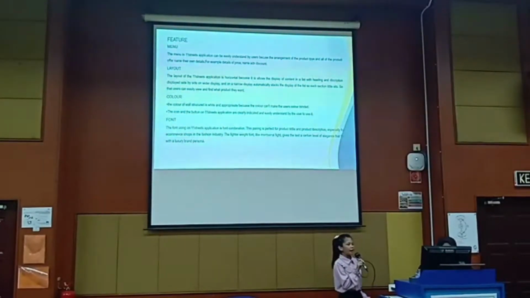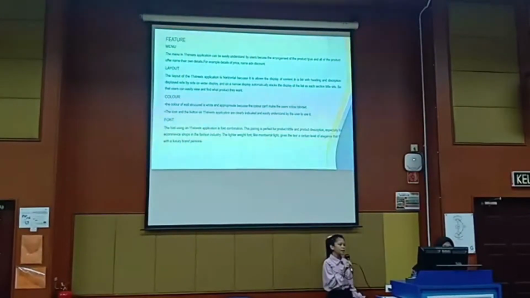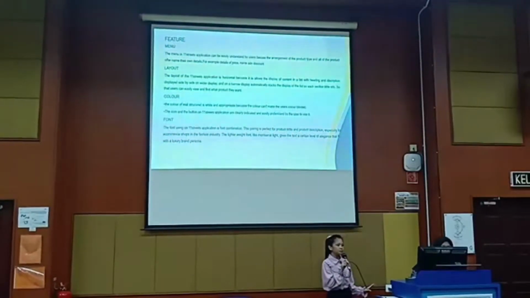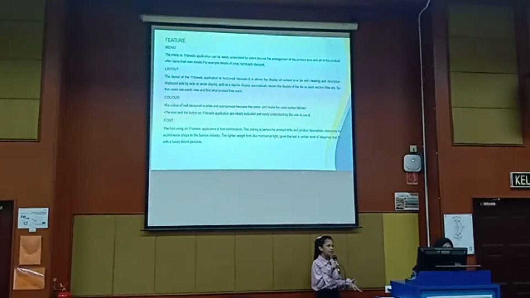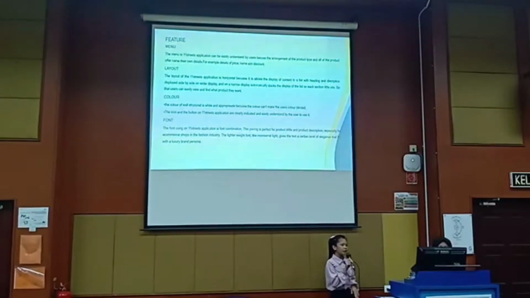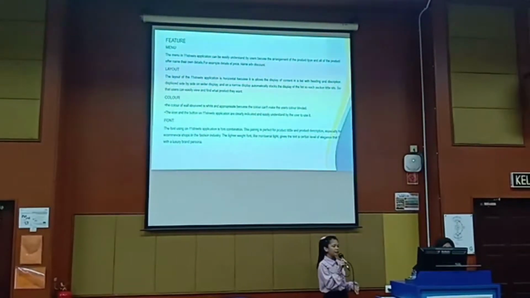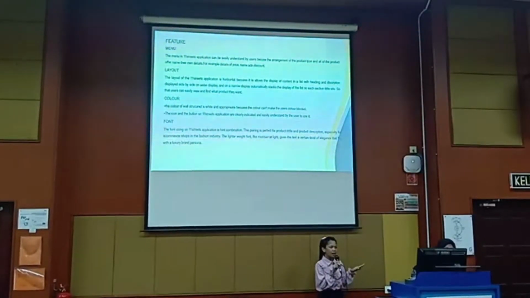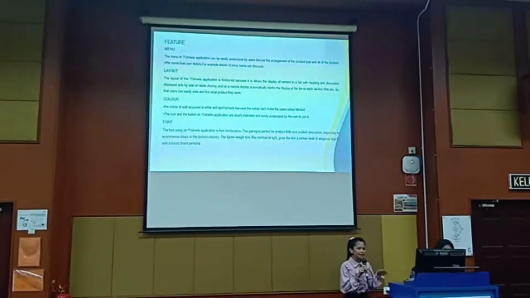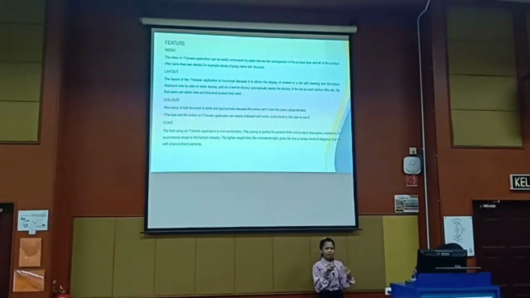Layout. The layout of the 11 Street application is horizontal because it allows the display of content in a list with headings and descriptions displayed side by side on a wide display. On a narrow display, it automatically takes the list display, so each section title sits clearly and the user can easily view and find the product they want.